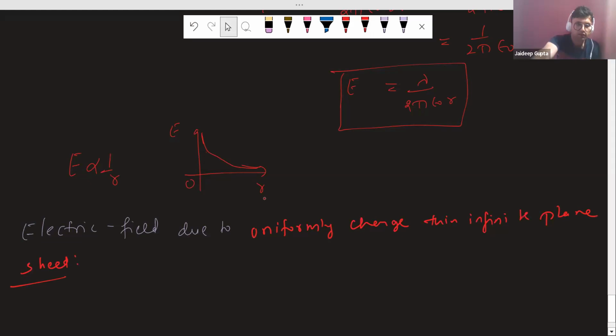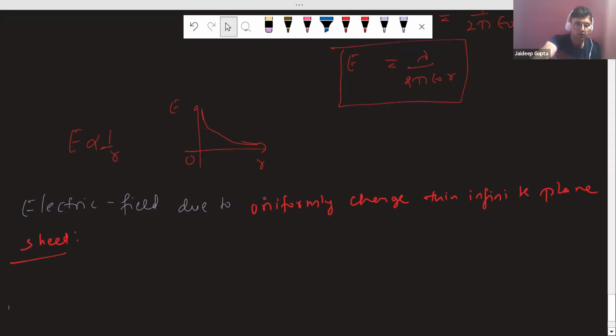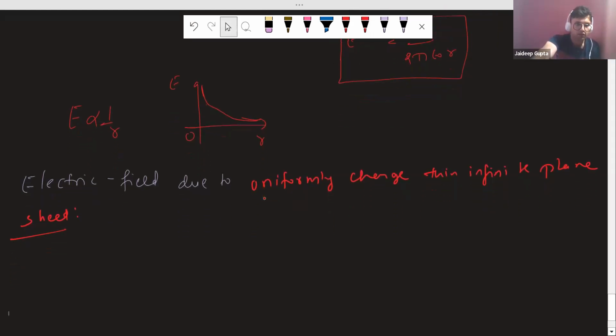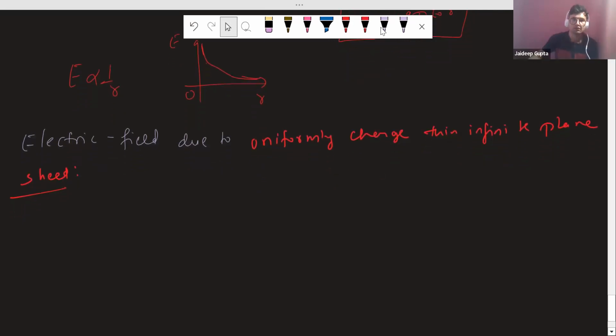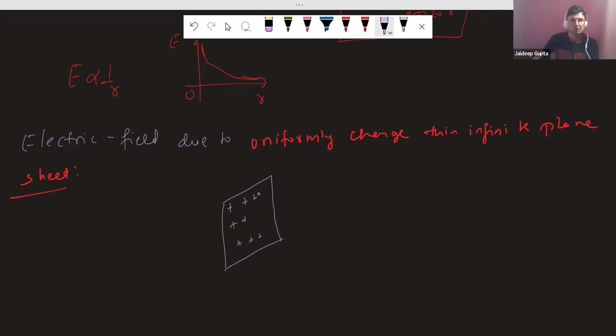All right. Let it be a plane sheet, uniformly charged. We have to calculate the electric field due to this uniformly charged thin infinite sheet.